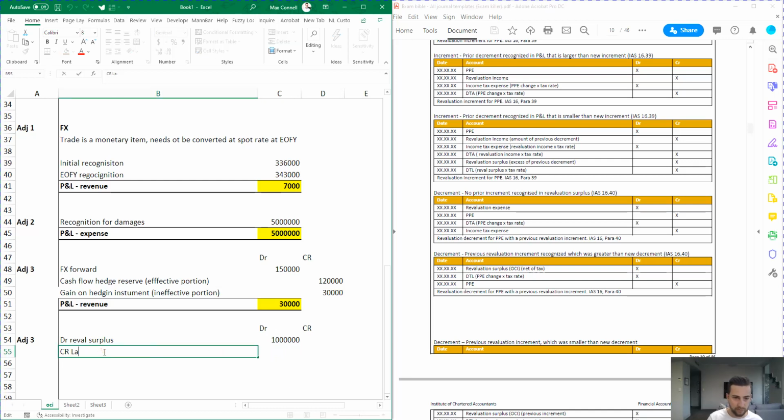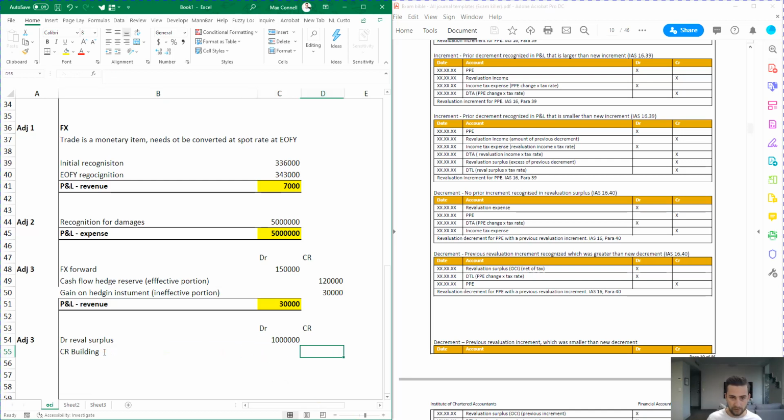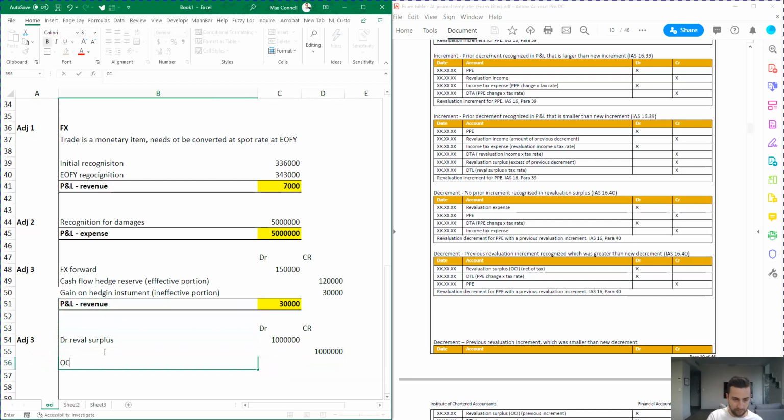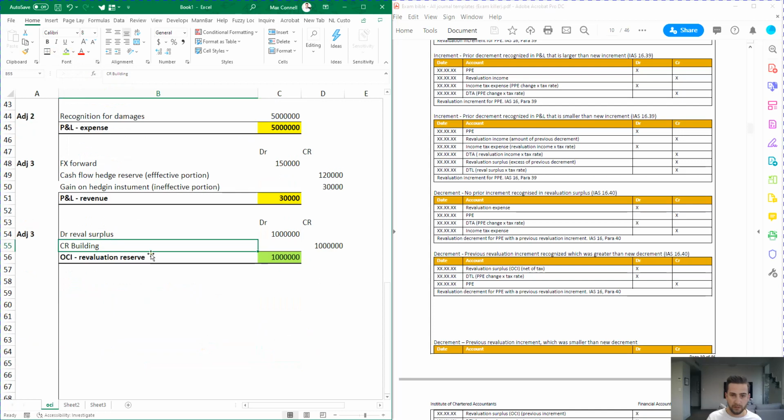It's building. Okay, so we're going to go OCI, revaluation, $1 million. I'm just coloring it a different color so we remember to pick that up in OCI and not the P&L.